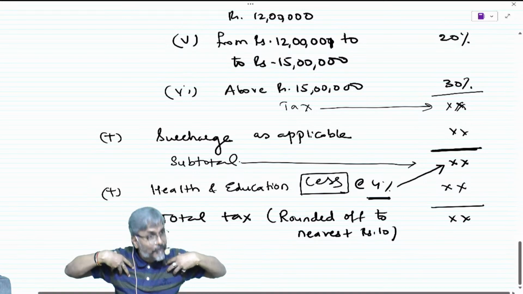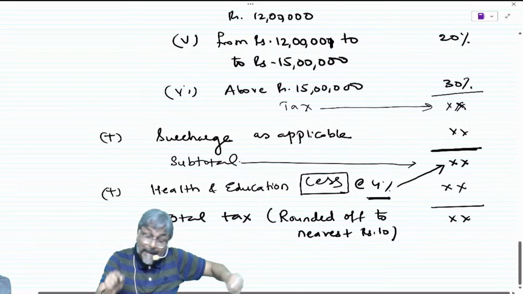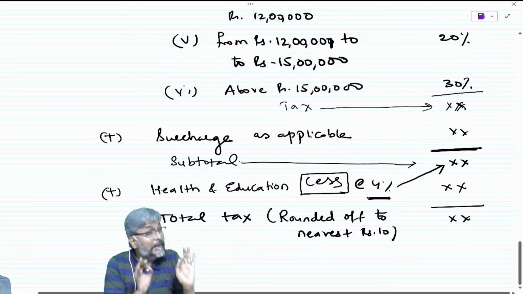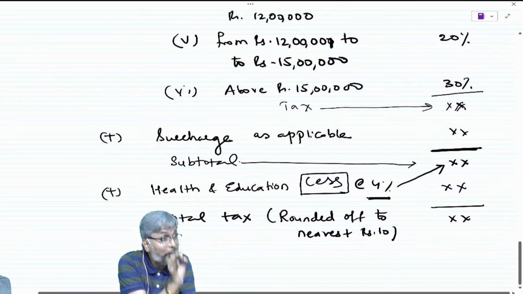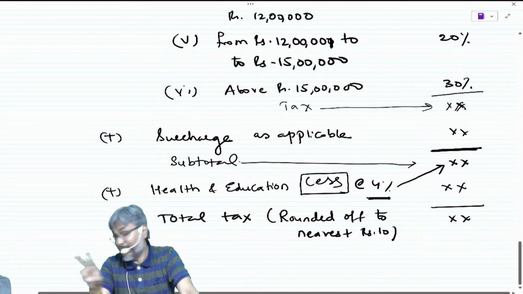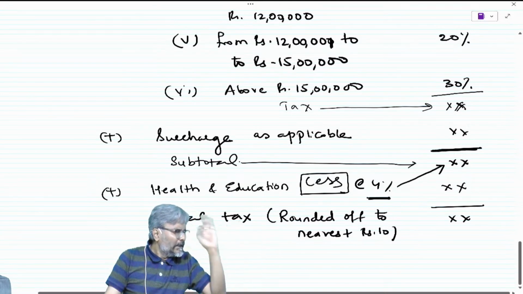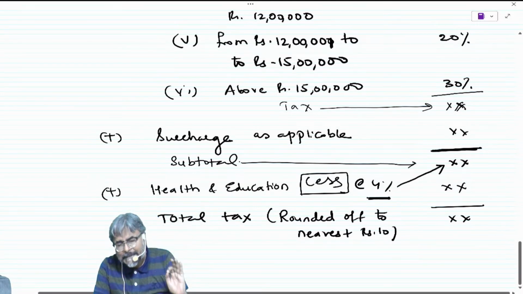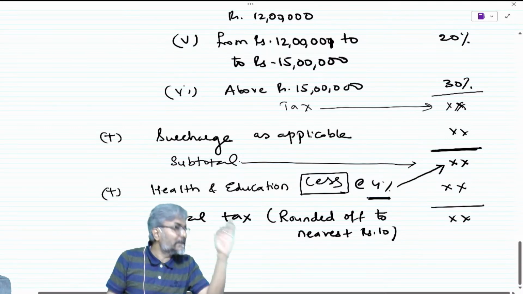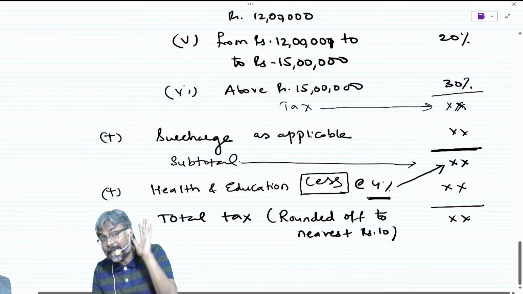But the moment they collect the amount as health and education cess, the amount has to be applied only for health and education. It cannot be applied for any other purpose. That's the difference. Collection of a cess is for a specific purpose. That's the definition.